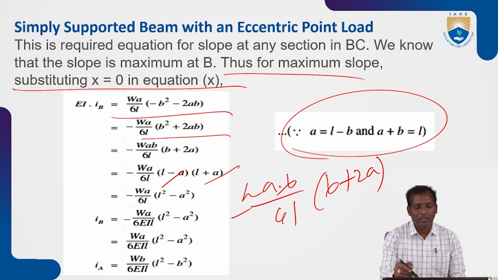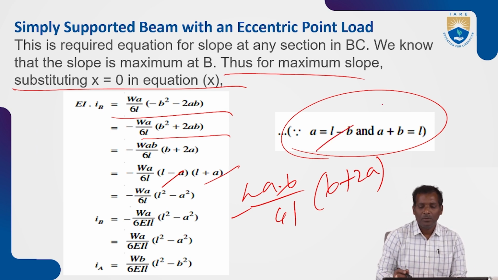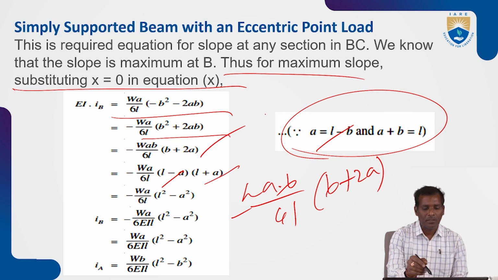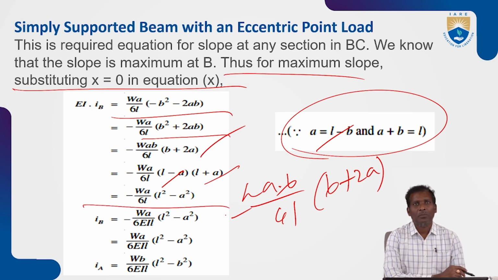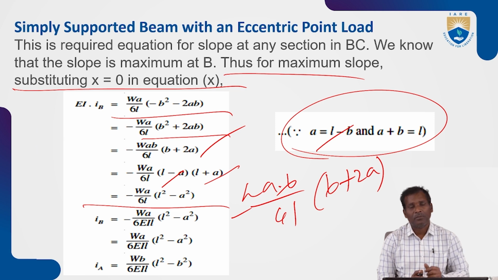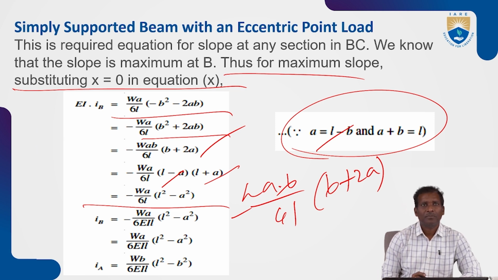L minus a is equal to b and a plus b is equal to L, you know. So substitute in this equation and then you will get Wa by 6L into L square minus a square. So you can write this L minus a into L plus a in the form of L square minus a square.